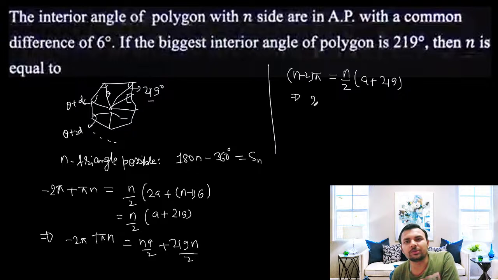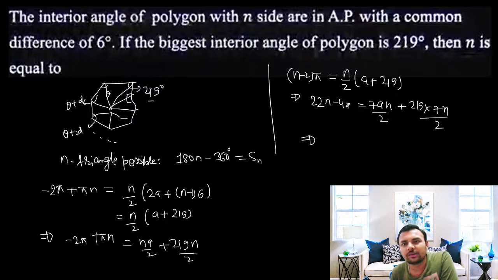So 22n minus 44 equals 7a n by 2 plus 219 into 7 n by 2. If we put a equal to 0, then it is 44.